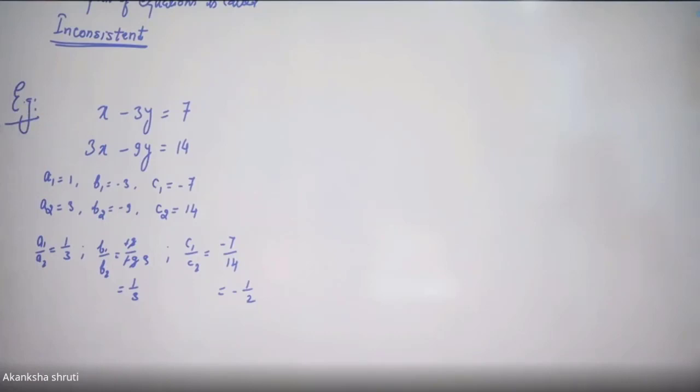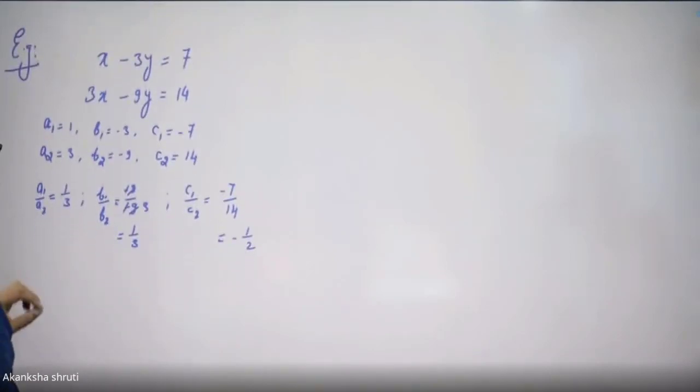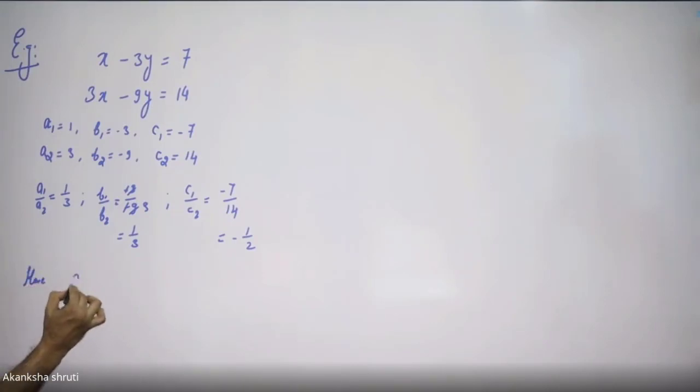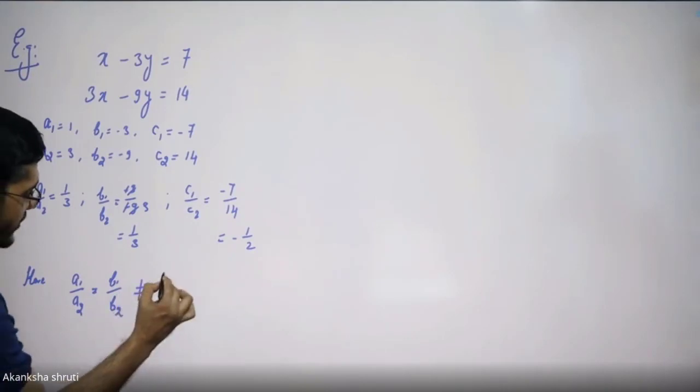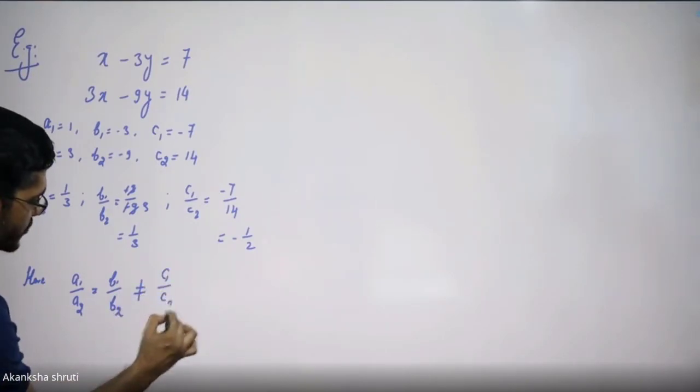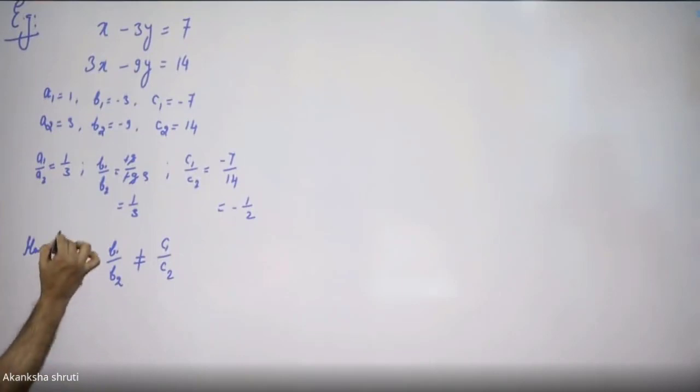So students, such a pair of equations in which this condition is satisfied, meaning A1 by A2 is equal to B1 by B2, but this is not equal to C1 by C2.